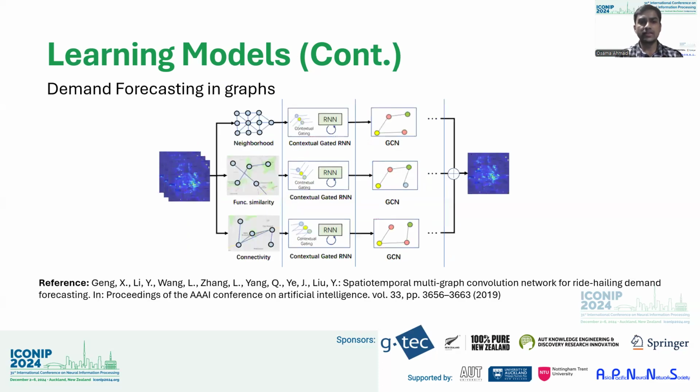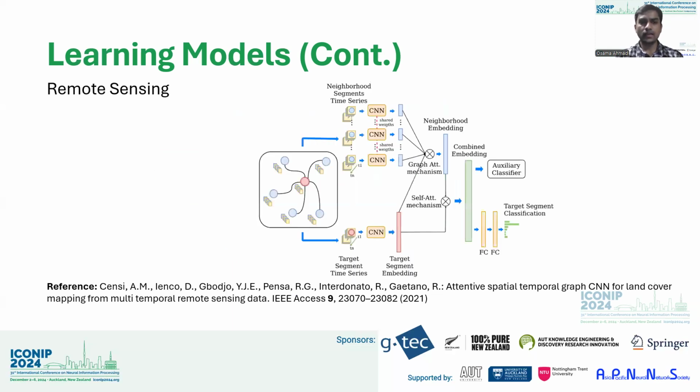In a similar example, RNN is used before GCN in traffic forecasting, a regression problem, and different features have been accommodated also. In a remote sensing application, land cover mapping, they have used CNN to model spatial and temporal dependencies.